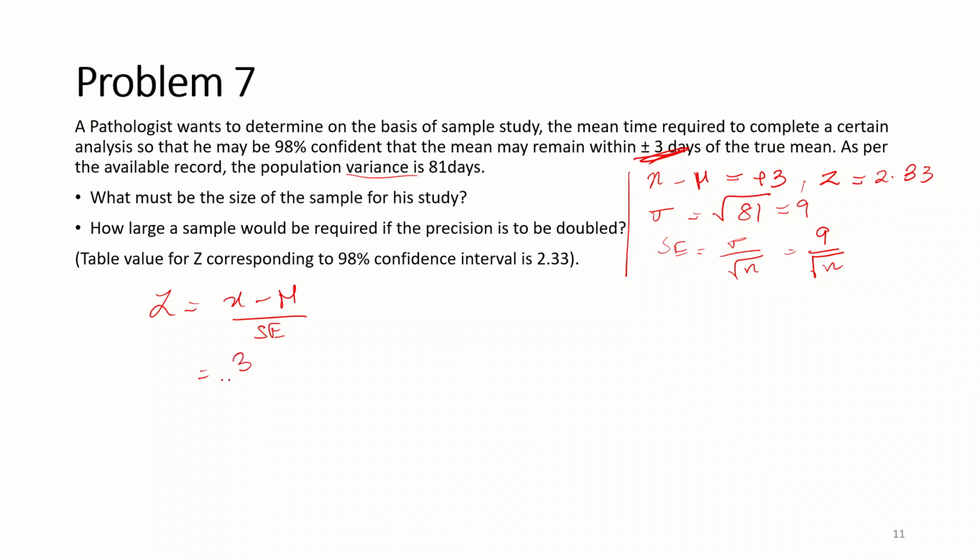3 by 9 by root n equal to 2.33. So n is equal to 2.33 into 3 of whole square.